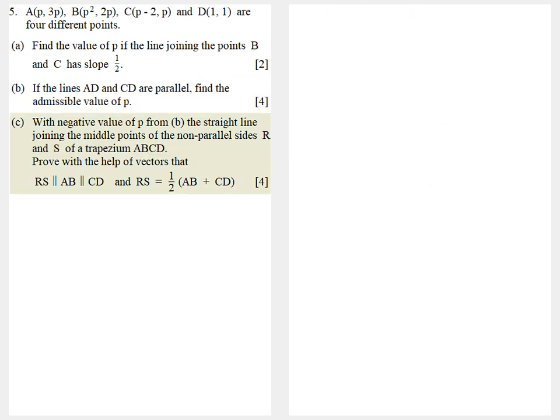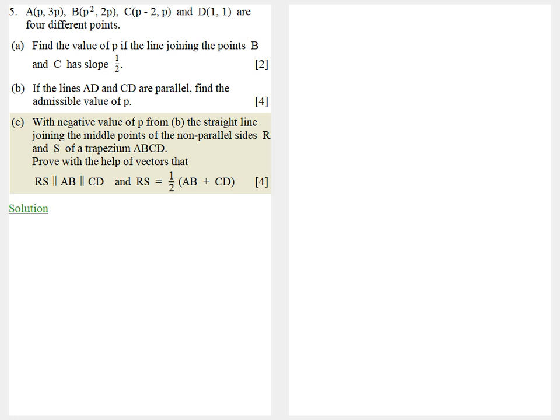In part C, using the negative value of p from part B, the straight line joining the midpoints of the non-parallel sides R and S of a trapezium ABCD, prove, with the help of vectors, that RS is parallel to AB and also parallel to CD, and the length of RS is half the length of AB plus the length of CD.